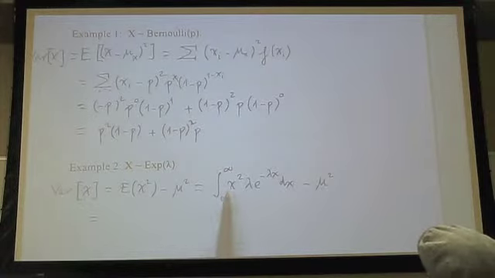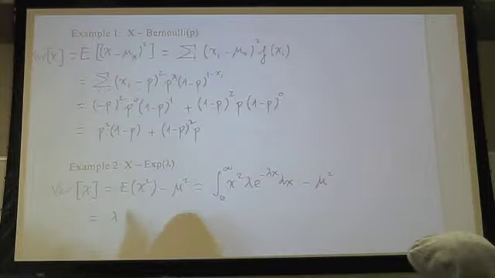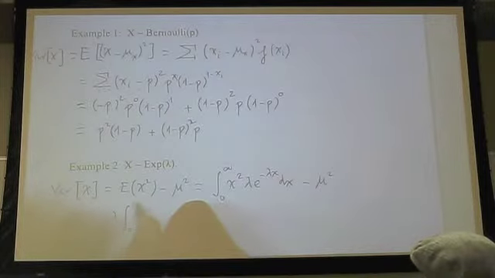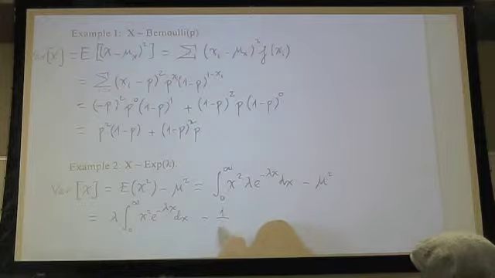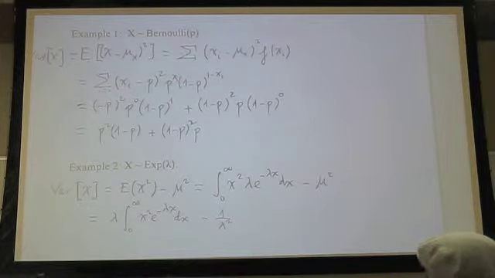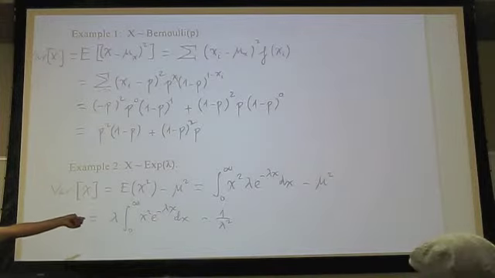I can just take out the lambda. I have the integral from 0 to infinity of x squared e to the minus lambda x dx, minus 1 over lambda, the whole thing squared, which is 1 over lambda squared. Don't ask me to do this integration again.